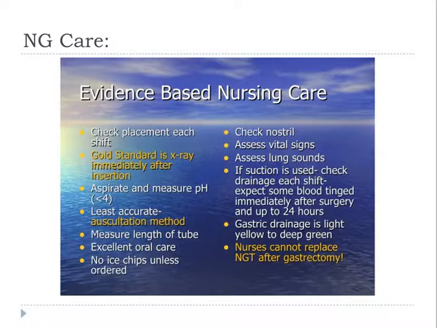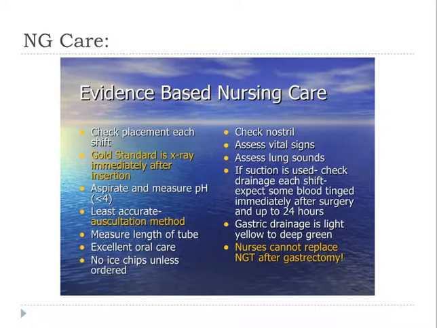With NGs, we have to provide excellent oral care, so that's more than brushing once a day. And the reason why is because we've got a foreign body going up the nasal cavity into the back of the mouth, down to the stomach. That can be a transmission method for bacteria.